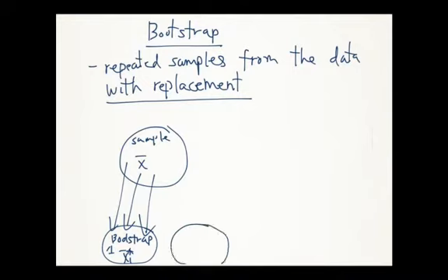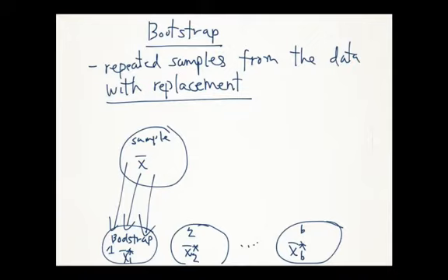And then we can do it again. And we get bootstrap 2. And from there, we get x bar star sub 2, dot, dot, dot. And we can do this, say, b times. So the bth sample and x bar star sub b. Okay?